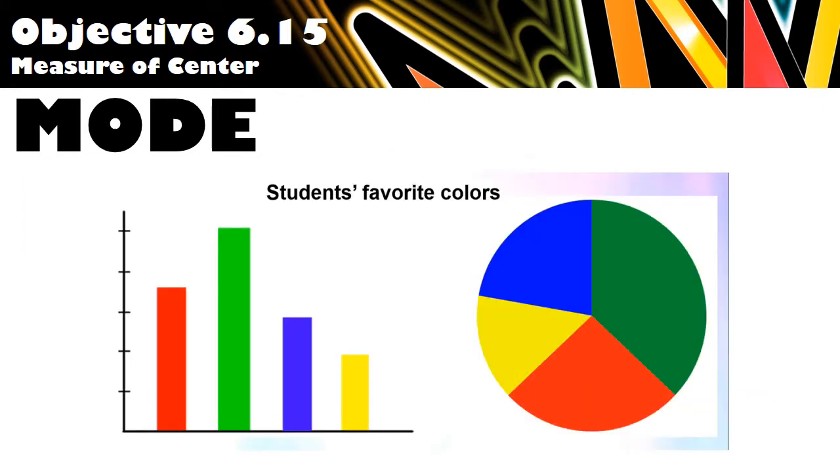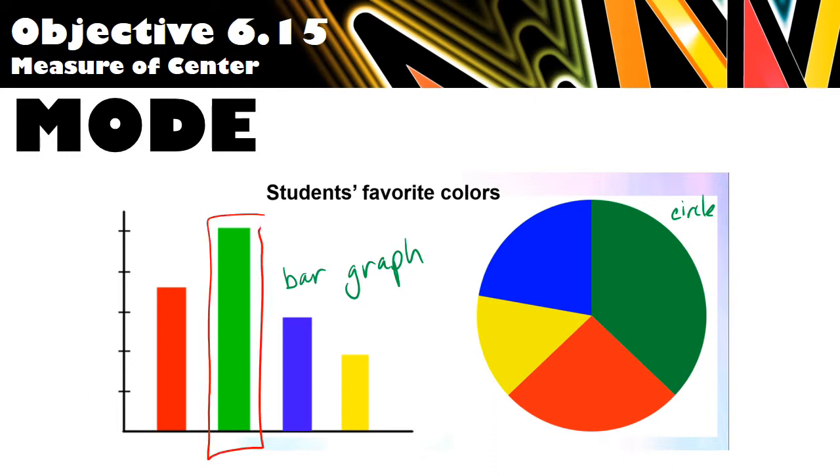So the mode also works well if you have some data in bar graphs. So we have a bar graph and we have a circle graph. For students' favorite color, if I asked you for the measure of center, we can look right here, we have green as the color that students chose most out of the bar graph.